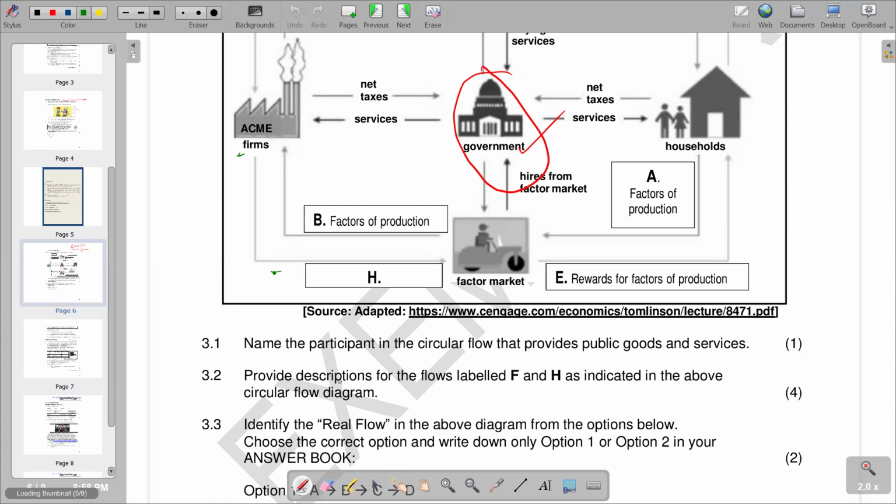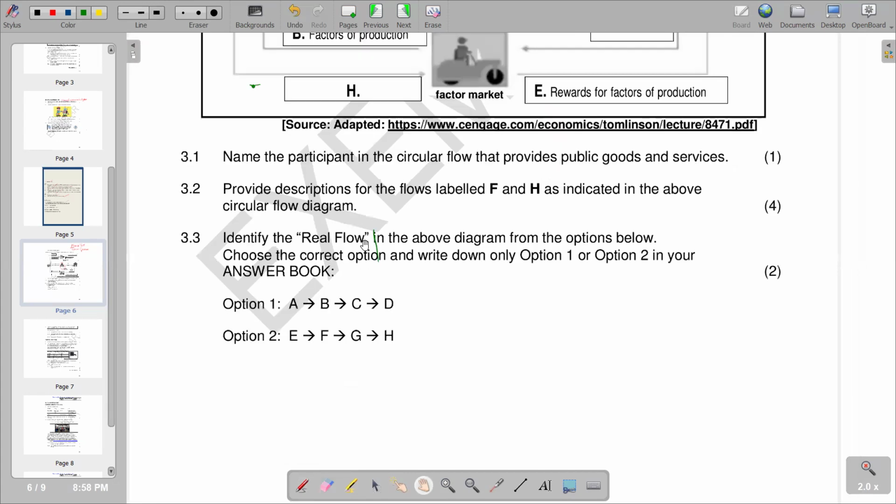So going to the next part of our question, which says identify the real flow in the above diagram from the options below. Choose the correct option and write only option 1 or option 2 in your answer book. So we need to understand what actually is real flow. Real flow is described by the flow of goods and services.